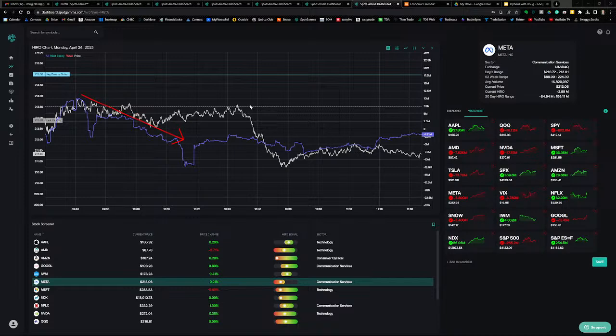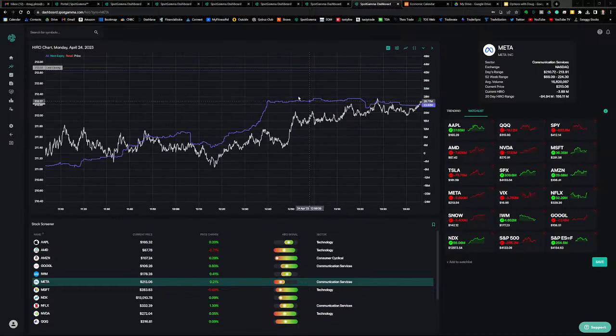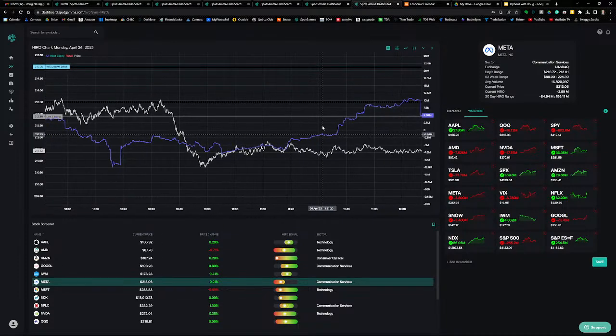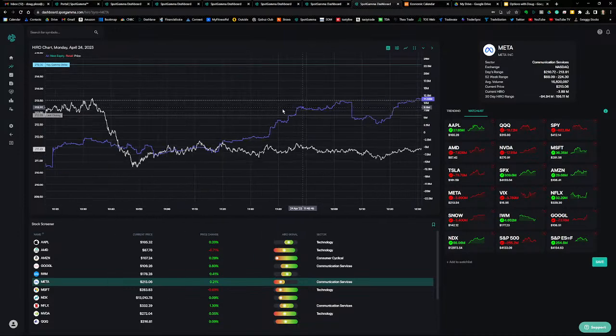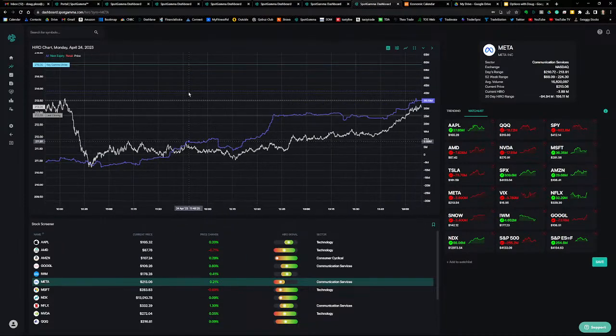Hero falling, price falls. And one other thing to point out here is this actually a confirmation of a long setup here in the afternoon.